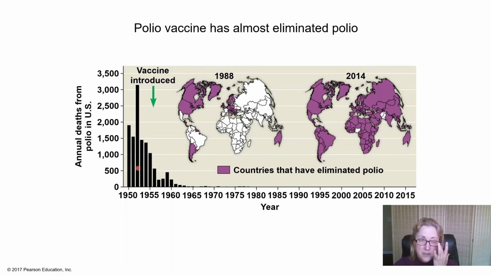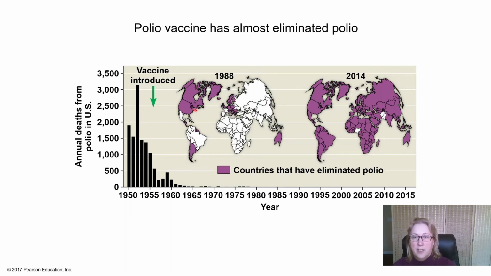So polio is nothing to wish on anybody. And then as soon as the vaccine was introduced, the number of cases diminished rapidly until now. We haven't had polio in the United States for decades. And we see the comparison here to 1988, when the worldwide polio vaccine push really started.